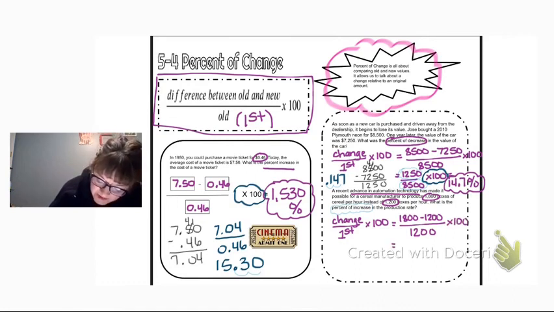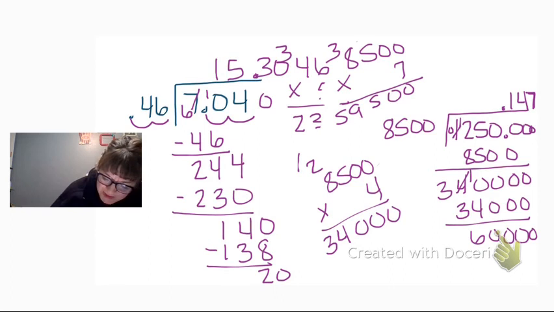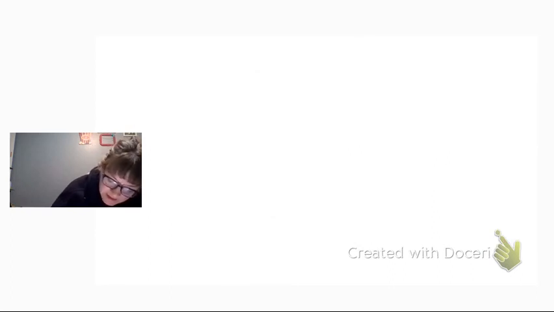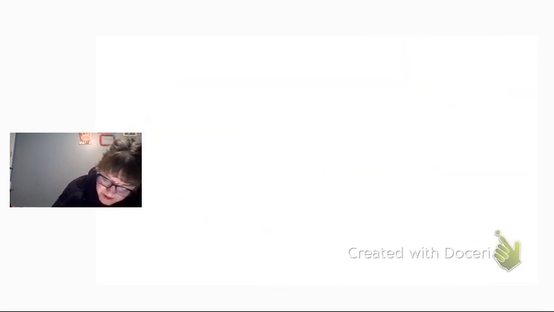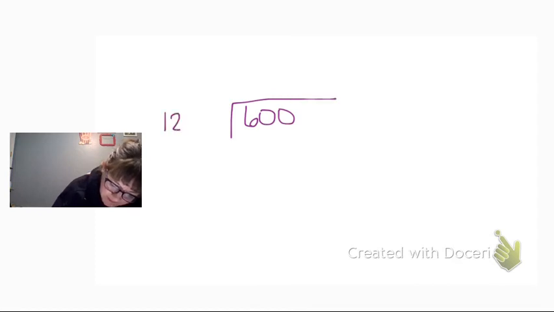So 1,800 minus 1,200 is 600 divided by what it was first, and then times 100. So 600 divided by 1,200, you might already be recognizing that as a half, but let's just make sure. And of course, 1,200 won't go into 600, so we'll raise a decimal, drop a 0.